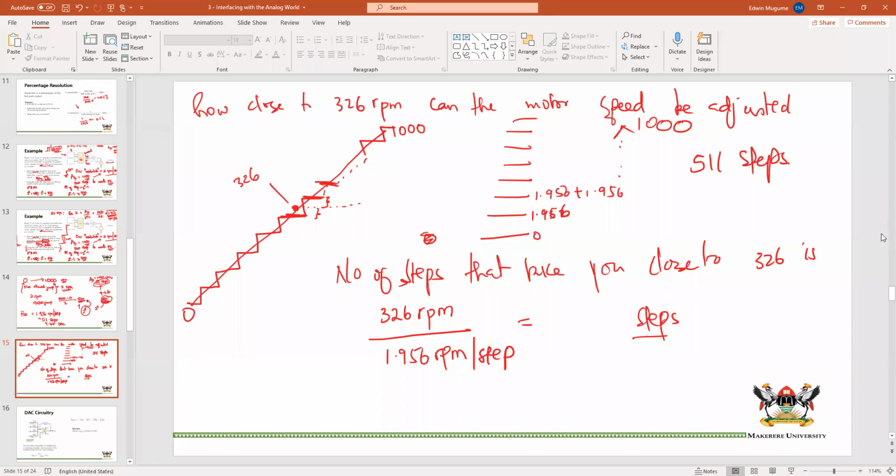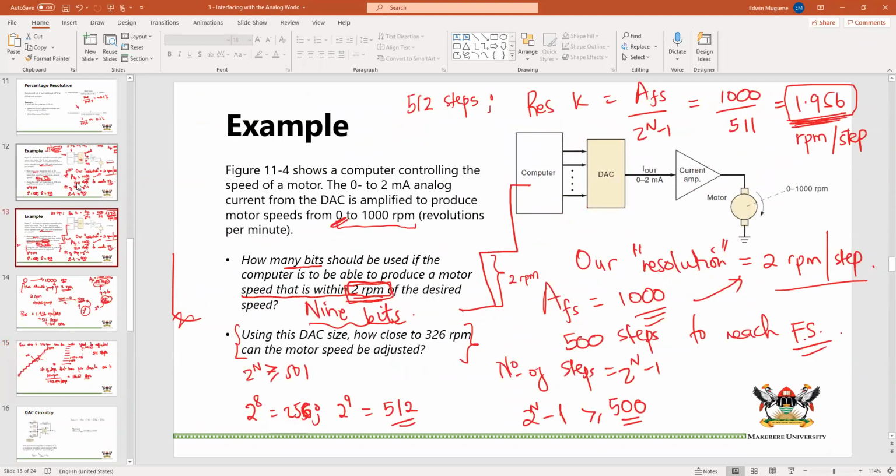So 32, yeah, which is 166.67 divided by 511, but it should be, this should be 57.